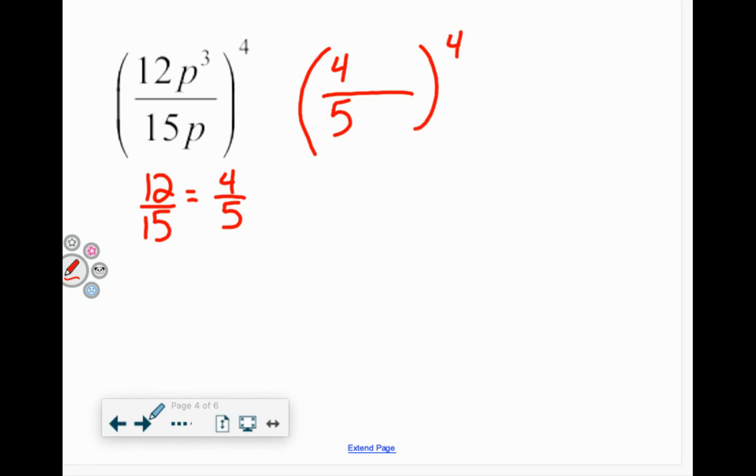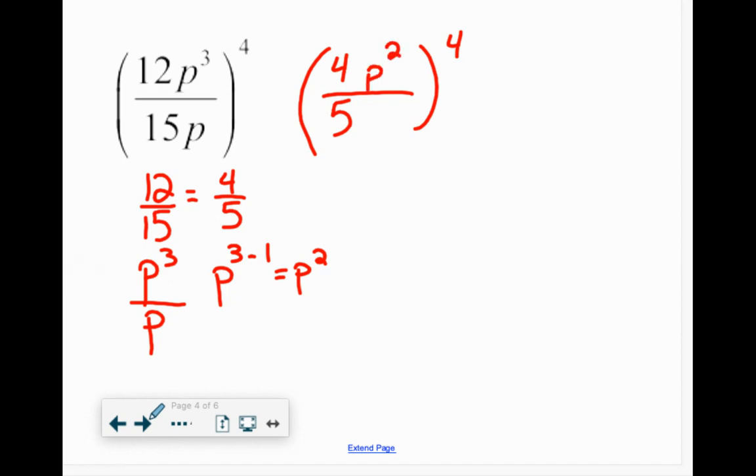We can actually go one step further here. Let's focus on p to the third over p. If we have p to the third over p, we can do top minus bottom, so 3 minus 1, which gives us p squared on top.